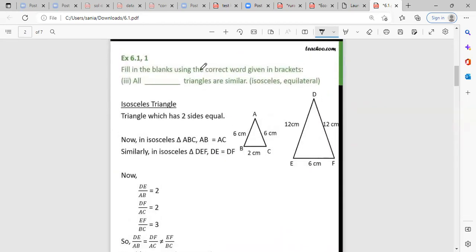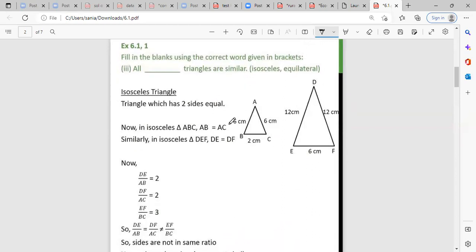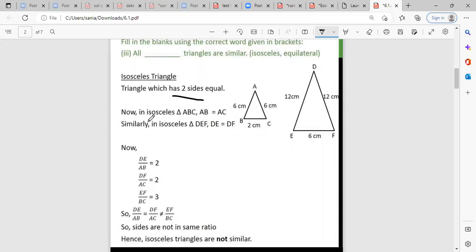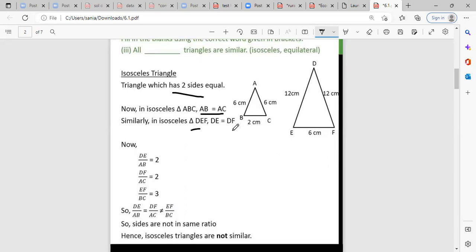Then the next one is: all dash triangles are similar. So basically, this you have to learn. So isosceles triangle. What is the difference between isosceles and equilateral? See, over here, isosceles triangles have two equal sides, right? Now, if the isosceles triangle is ABC and the other is triangle DEF, over here AB equals AC, and DE equals DF.